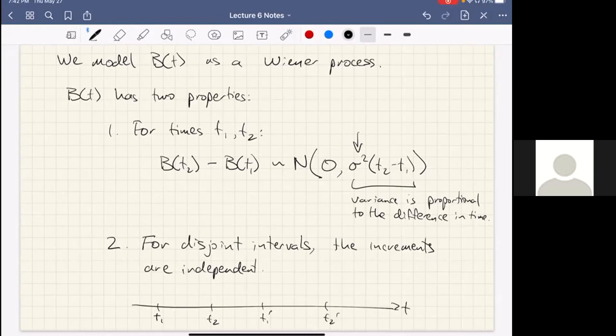The Brownian motion increment from T1 to T2 and the Brownian motion increment from T1 prime to T2 prime are independent as long as these time spans don't overlap. Now, if they overlapped, let's say T1 prime came over here and was less than T2, then they're no longer independent. But as long as these time spans don't overlap, then these increments are independent of each other.